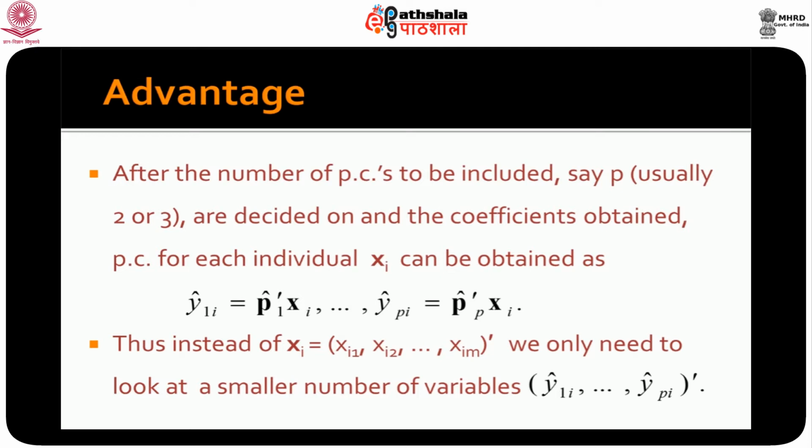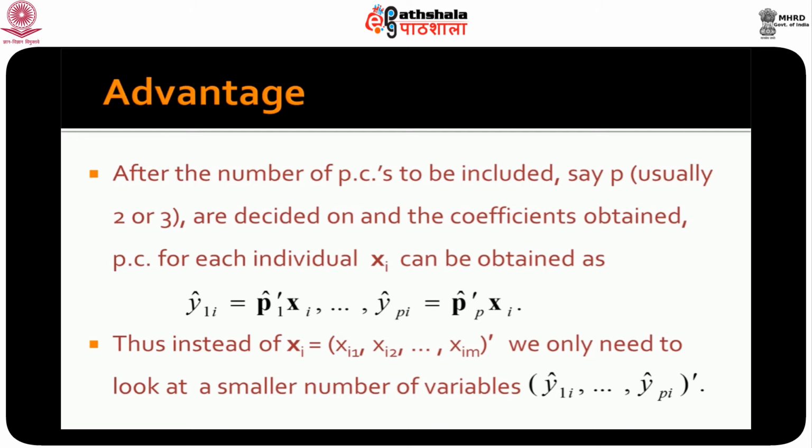So that will be also a vector, but a vector of a much smaller dimension. And in further studies, we can think of working with the principal component scores rather than with the original x's. That is one of the major reasons why we do principal component analysis.